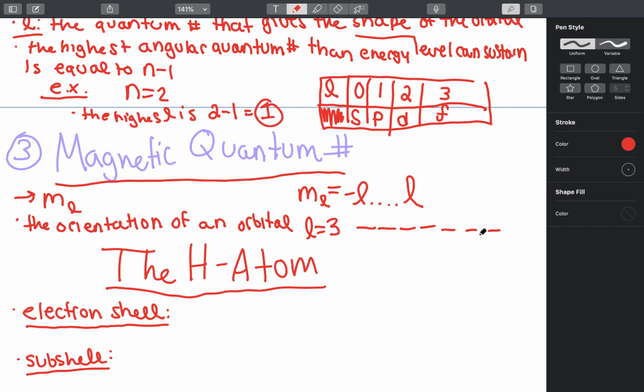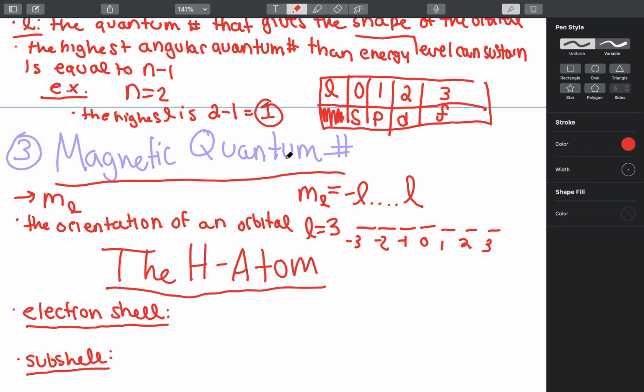So why would there be 7 orbitals? Well, it's because each orbital corresponds to a magnetic quantum number. So therefore, I would label these orbitals as -3, -2, -1, 0, 1, 2, 3. So these are all possible values of ML, or the magnetic quantum number. And we're going to get into this a little bit more in detail.